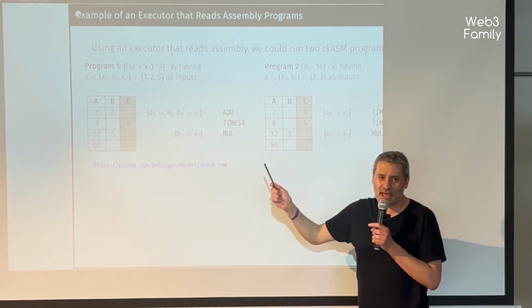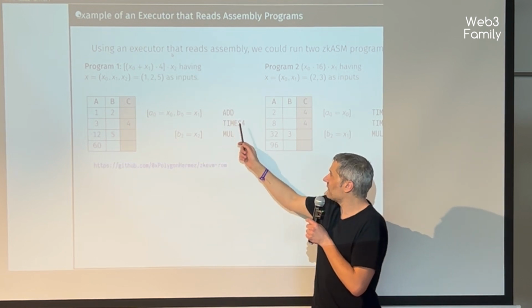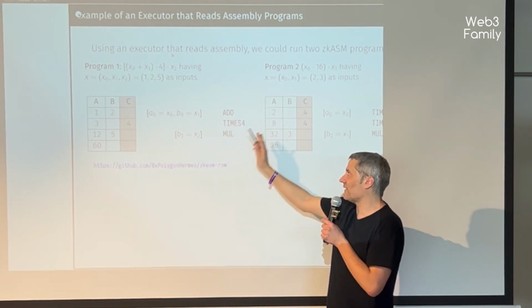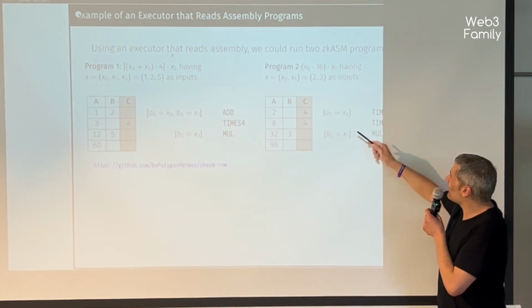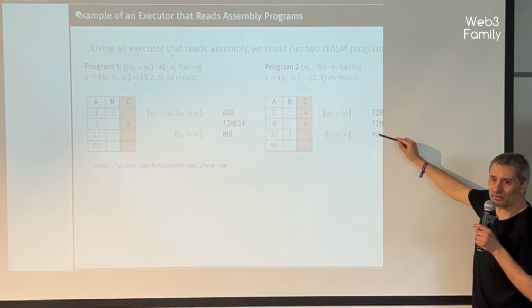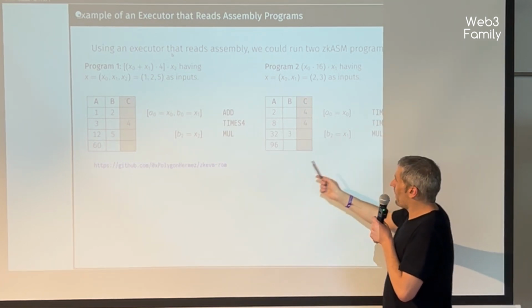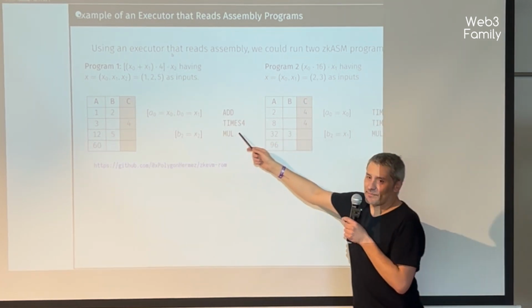With the same set of instructions that we had. In our set of instructions, we had add, times 4, mul, and that's it, okay? But I can build another program, okay? Which is times 4, mul. So these are two different programs, okay?